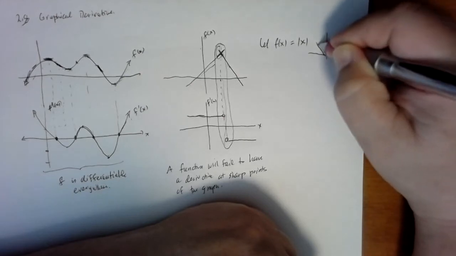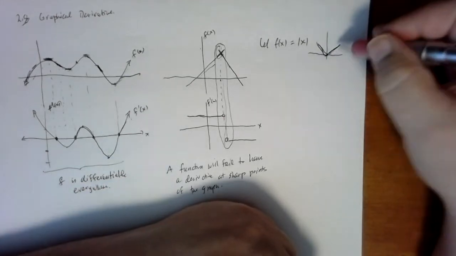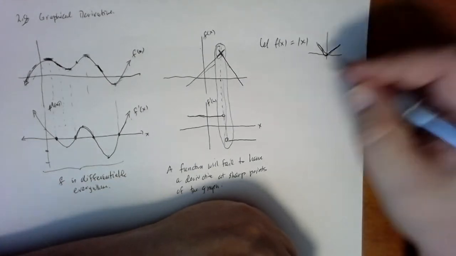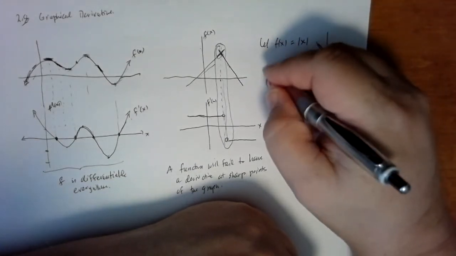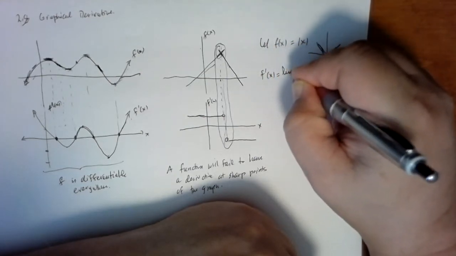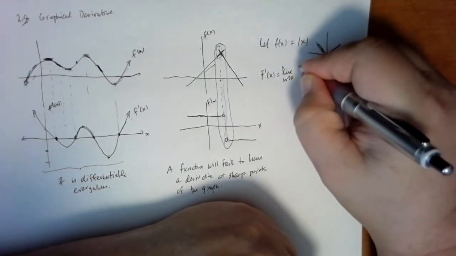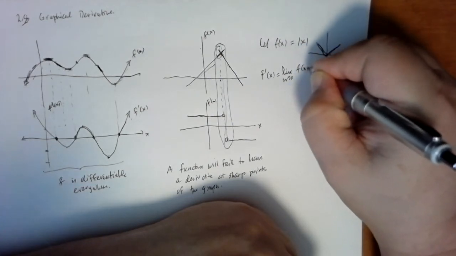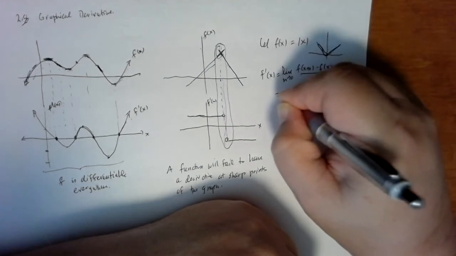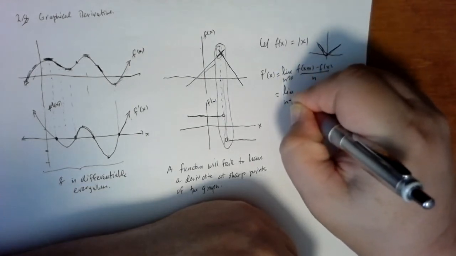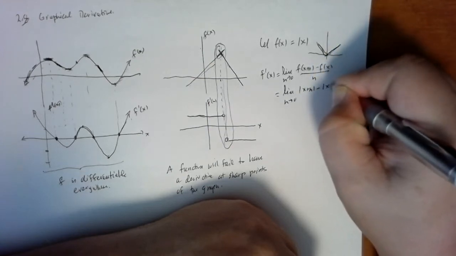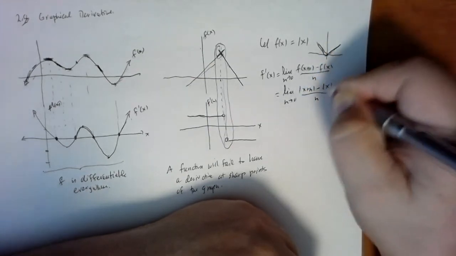From the graph, you know what's coming, but let's see if we can show that algebraically. f prime of x is the limit as h goes to 0 of f of x plus h minus f of x, divided by h, which in this case will be the absolute value of x plus h minus the absolute value of x, divided by h.